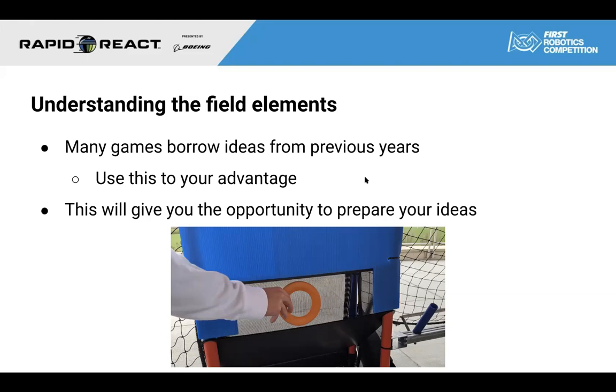So like last year, they always had the field, and they already had parts, or they already had knowledge of what they need to do. They already had driving skills, so that would put an advantage to them. And then it's also going to give you a chance to bring back ideas that you have used before, or that you've come up with before that you haven't used. And yeah.